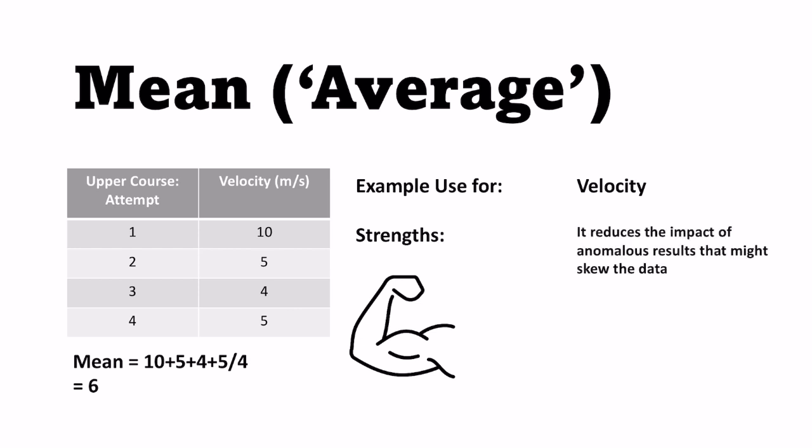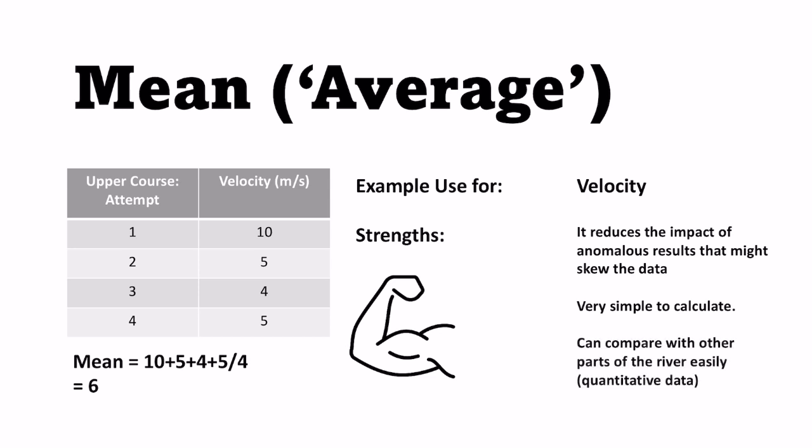The strength of this is that by taking an average, I reduce the impact of anomalous results that might skew that data. It doesn't completely erase the outliers, but it reduces their significance. It's very, very simple to calculate. You can do it very quickly, which means you can get into the analysis much more quickly rather than using a complex formula.